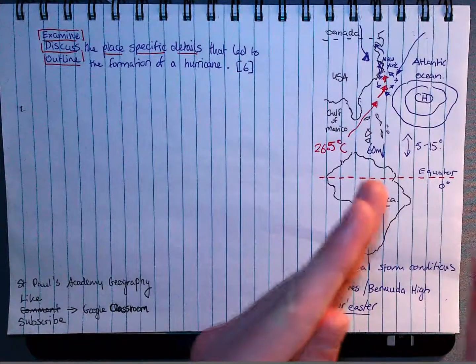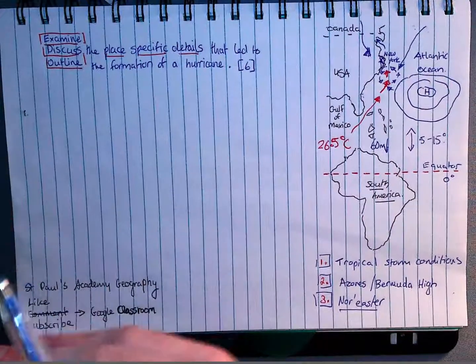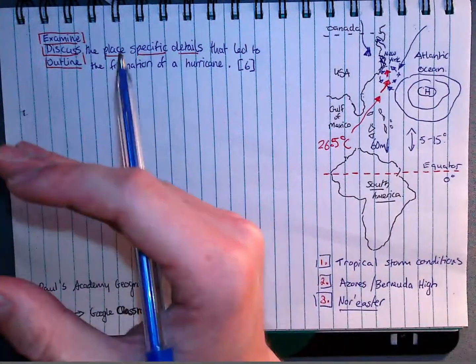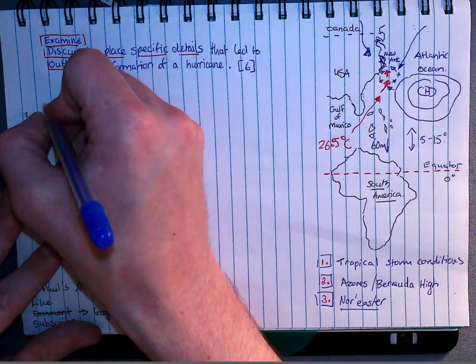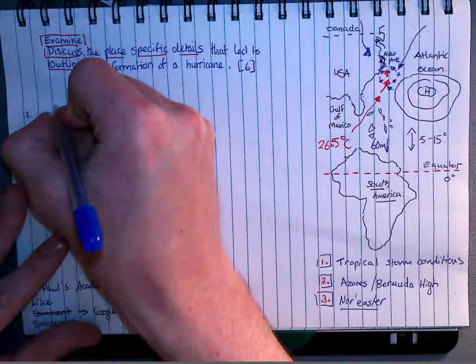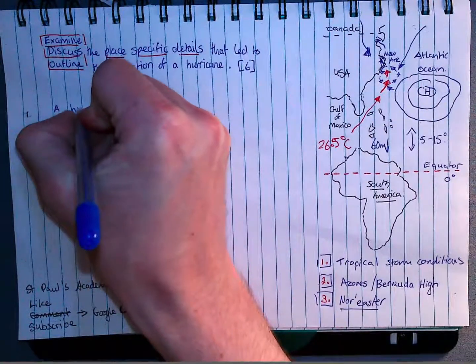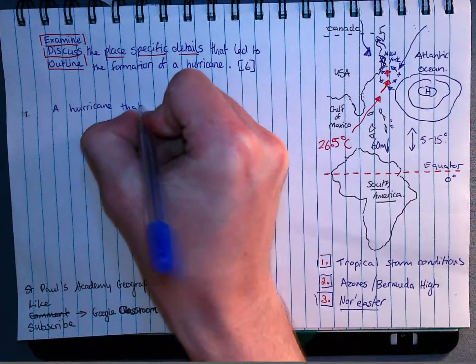That's how this hurricane formed, and then we're going to go into some of the specific time and location name details. We're going to start our answer with something like: a hurricane that I've studied is Hurricane Sandy.